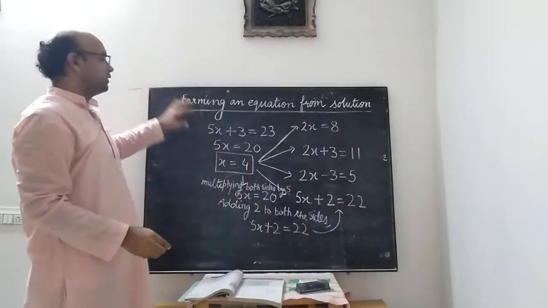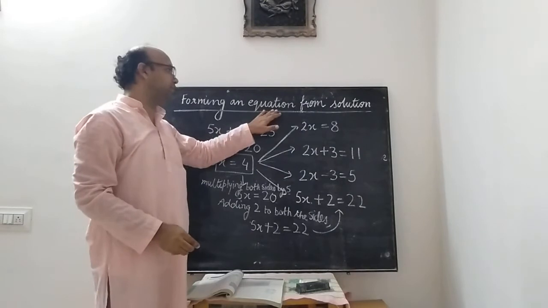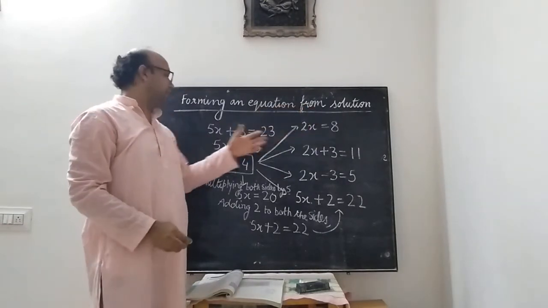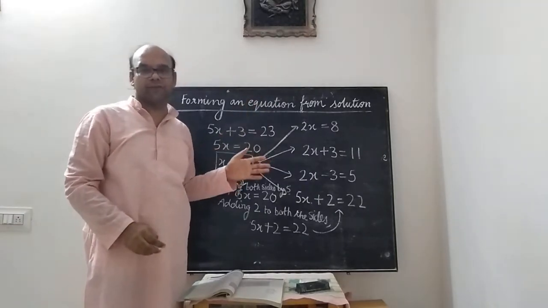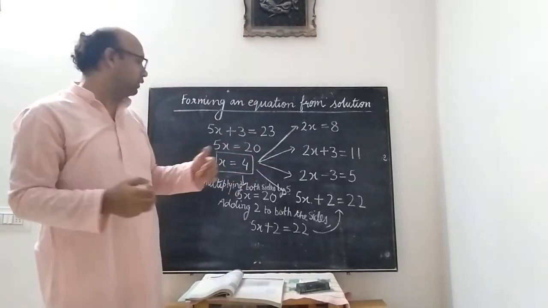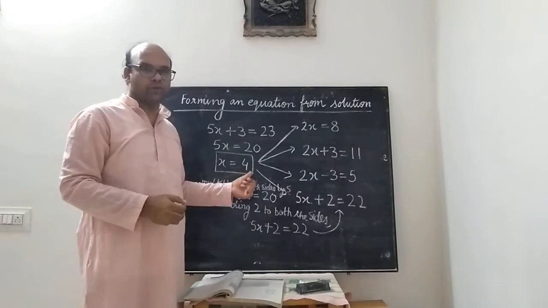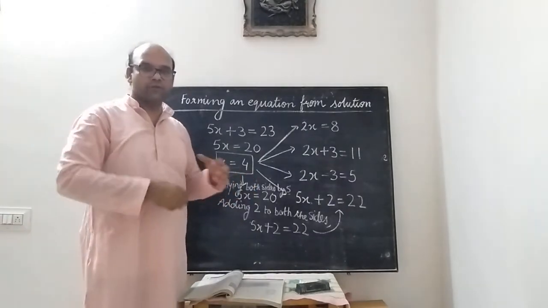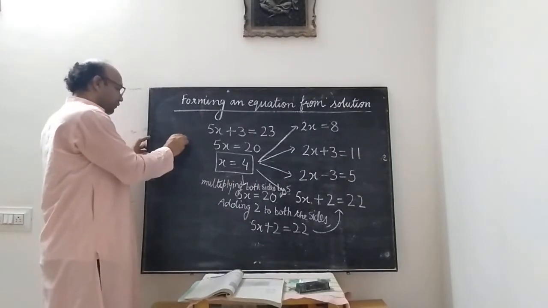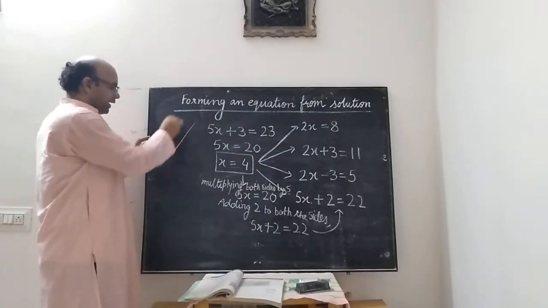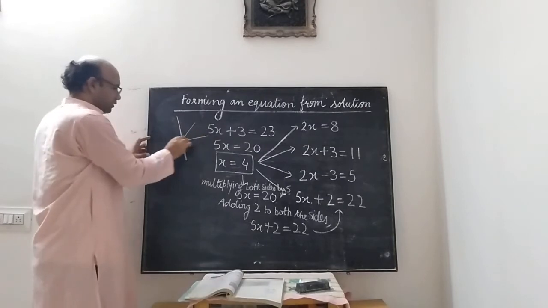So this is the concept of forming an equation from the solution. If the solution is given to you, you can have an infinite number of equations which will give x equal to 4 as the solution, because you will learn in the higher classes that from a given point there are infinite number of lines which can pass.